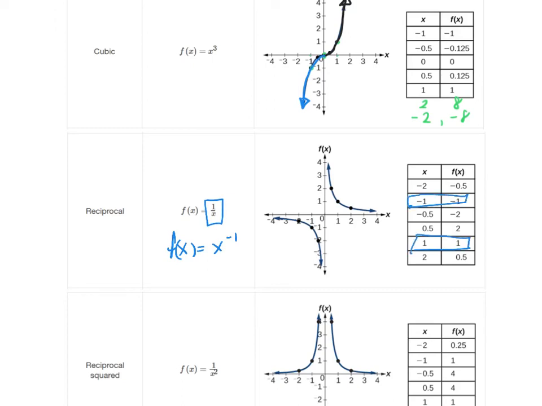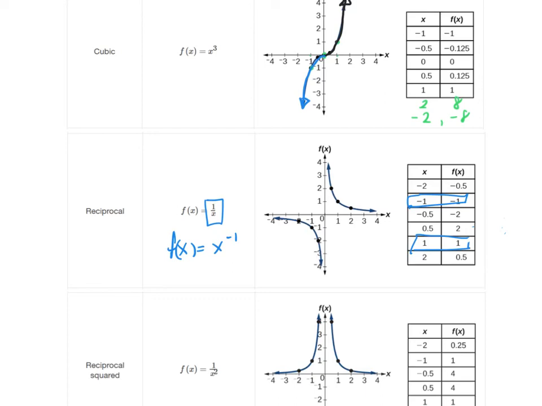And other than that, every time I put in a whole number, or any number after 1 or any number before 1, I may not get a nice integer number because it is the reciprocal. So when I put in 2, I get 1/2 out. Let me erase that. I was actually looking at the y value.